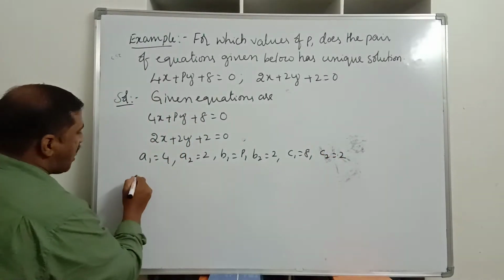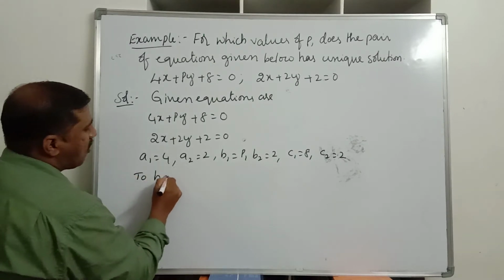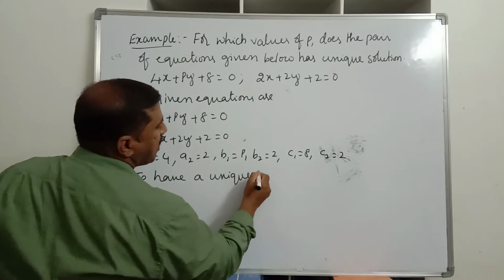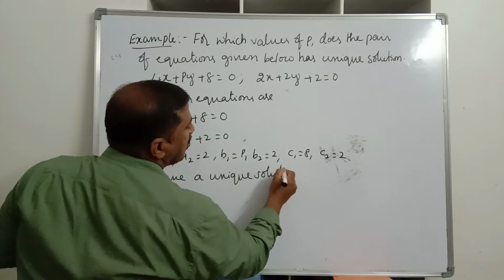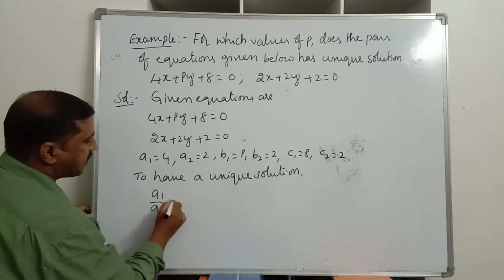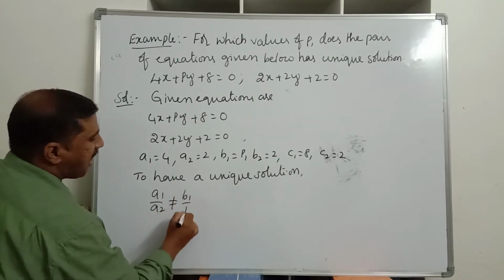Now to have a unique solution, what is the condition? It is a1 by a2 is not equal to b1 by b2.